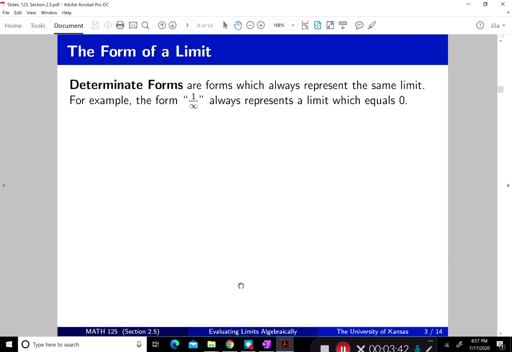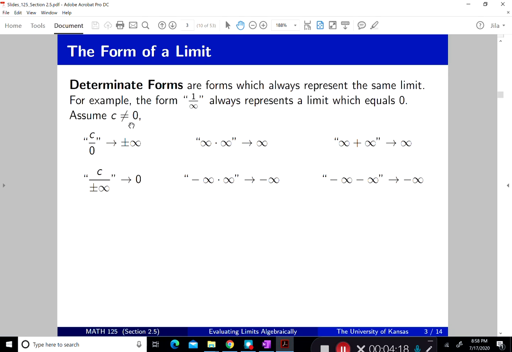Determinate forms are forms which always represent the same limit. So if you have a determinate form, you know what the limit is, even if it's not a number. For example, the form 1 over infinity always represents a limit which is equal to 0, because 1 over a denominator that is getting unboundedly big makes the entire fraction 0.